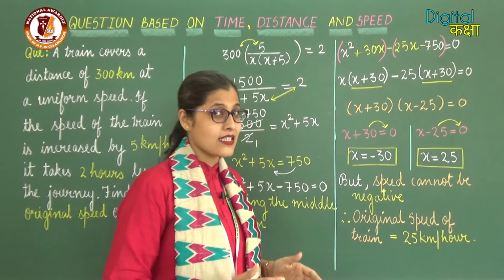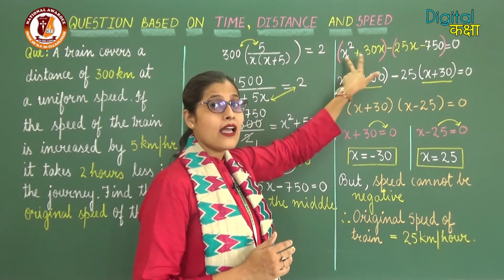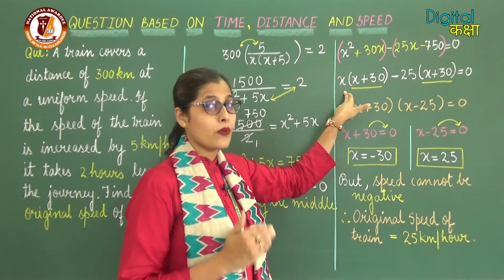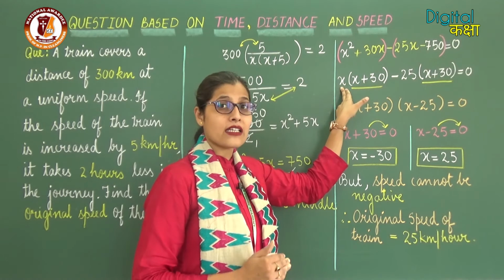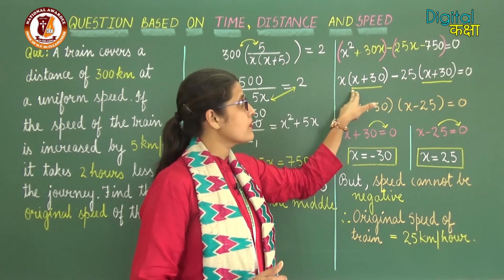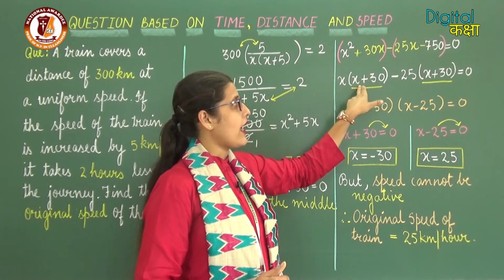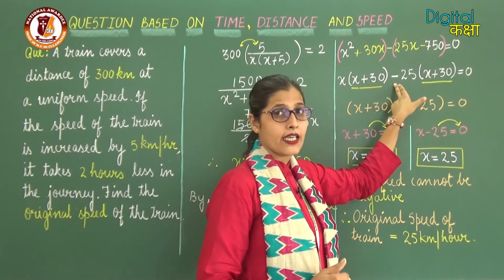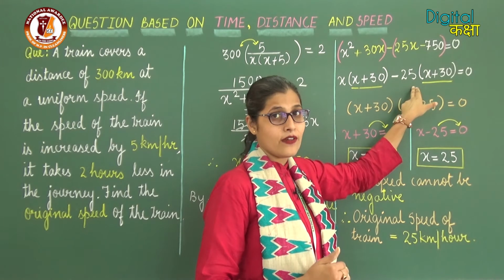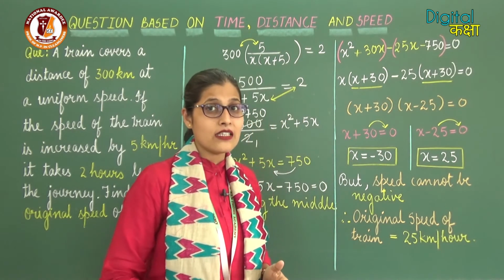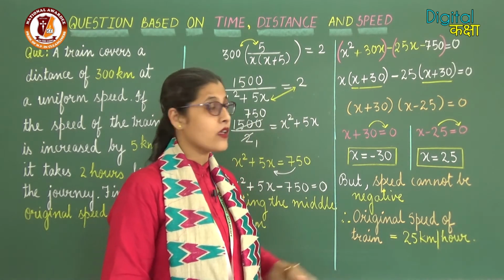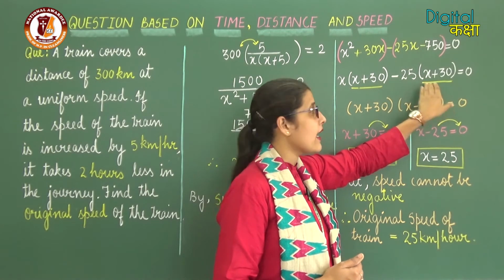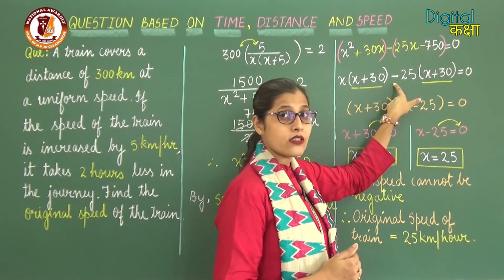As you can see, in the first group, x is the common factor. So, we will take out a common factor x, which is multiplied by x plus 30. Now, we will be taking minus 25 as the common factor in the second group. So, we will be left with x, as we have taken minus common.